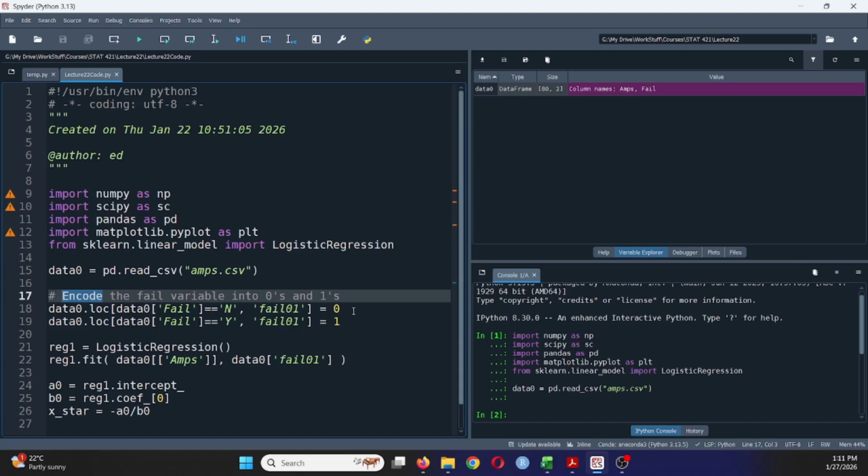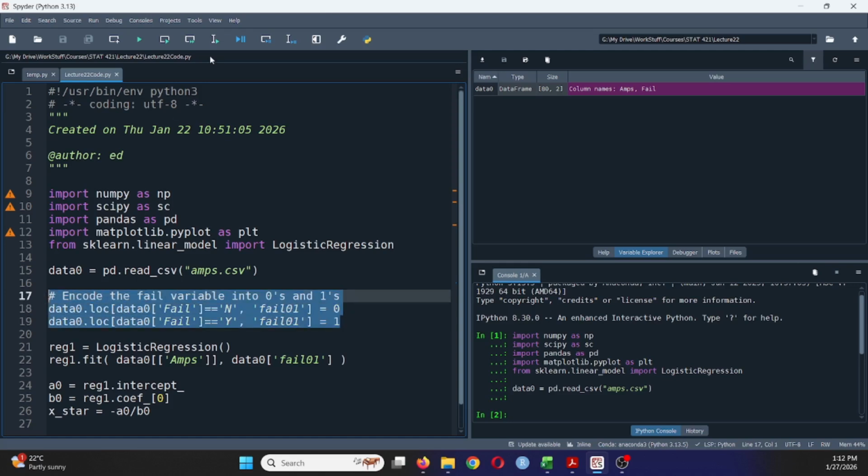So wherever the column fail in the original data set is n, I'm going to put a 0. And wherever it's yes, it did fail, I'm going to put a 1. Okay, and that's going to give me new columns in my data set. So I'm actually adding on to my data set.